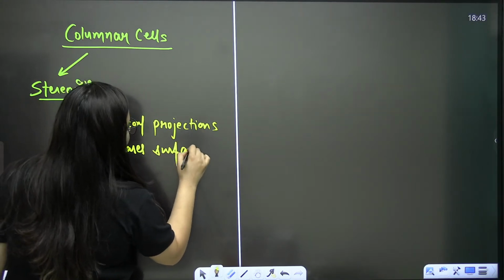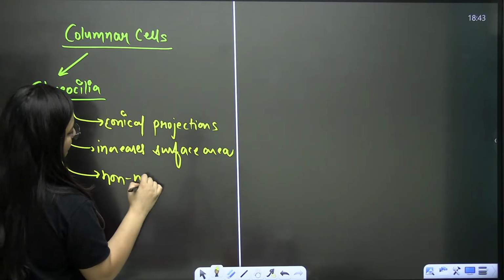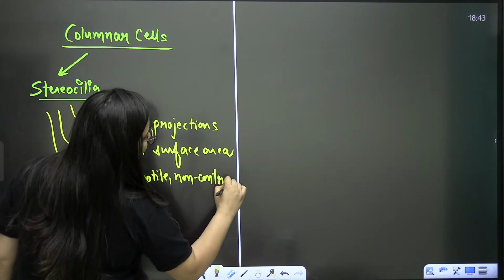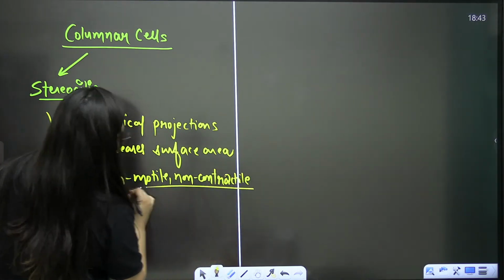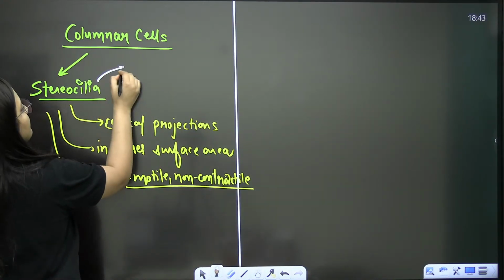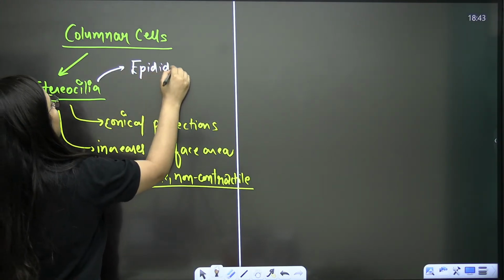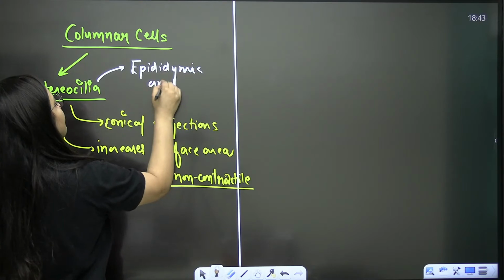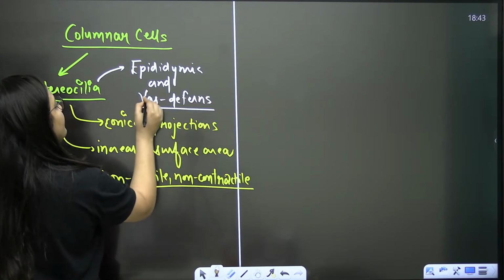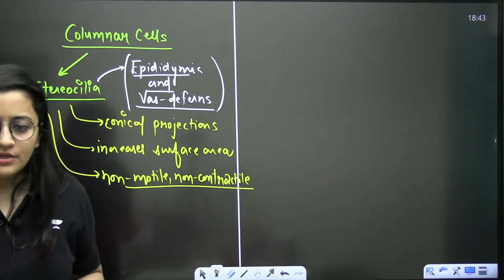They are non-motile and non-contractile, so they are not helpful in locomotion. Columnar cells having stereocilia are present in the epididymis and vas deferens.